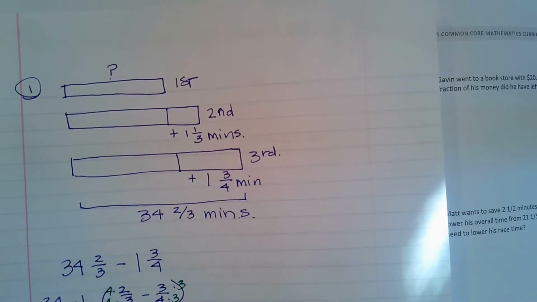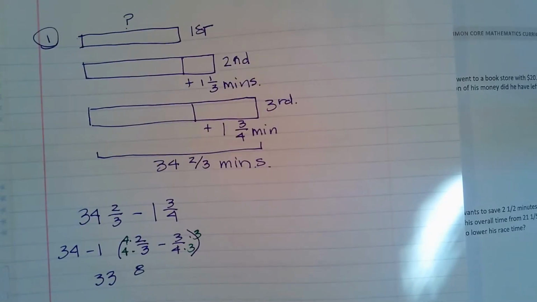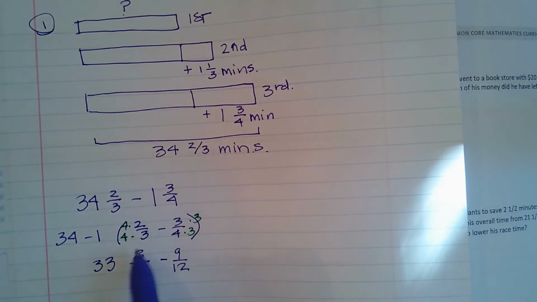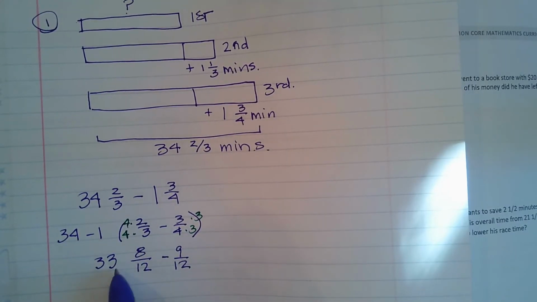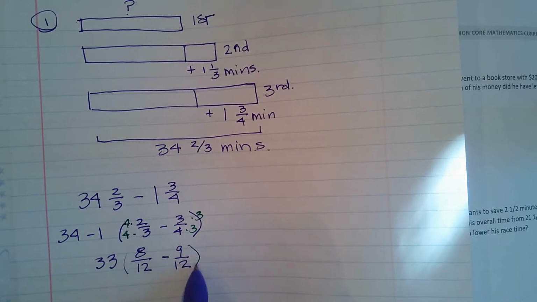And we're going to end up with 33, and then we're going to have 4 times 2 is 8. Hold on. You can't see my paper, so let me move it. Okay, so I found my common denominator, and I changed my fraction. So I have 33, and then I have 8 subtract 9.